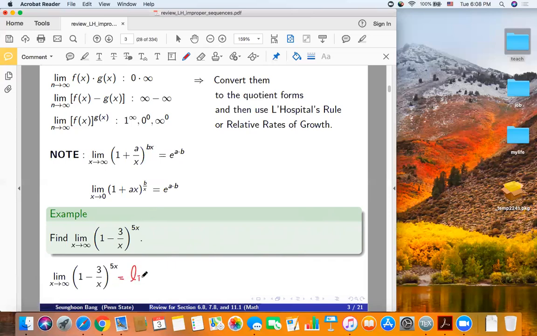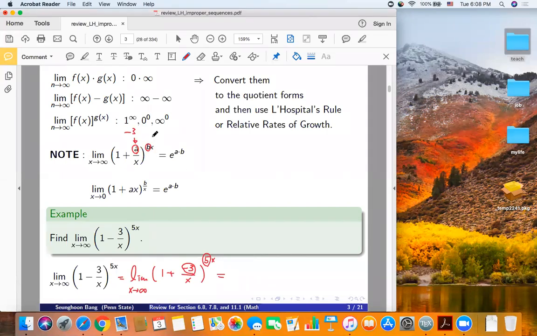Here, this is the same as the limit as x approaches positive infinity of (1 plus negative 3 over x) to the 5 times x. In this case, the negative 3 is a here, and p is 5.